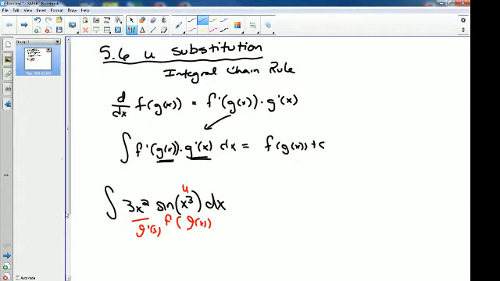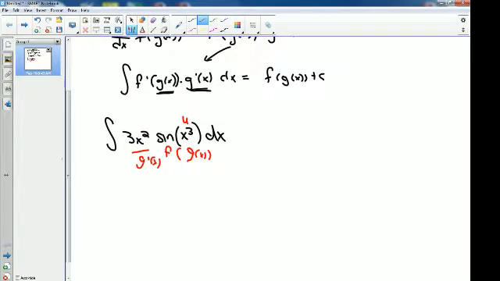So if I make U equal to x cubed, right? So now here's what I have. The sine is going to stay.